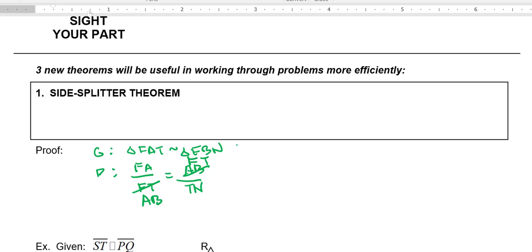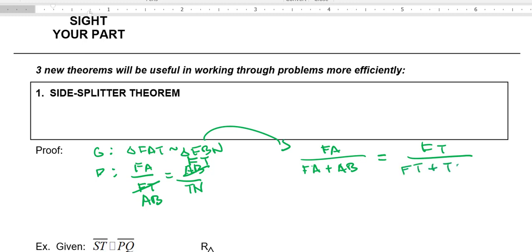So, what I want to show you is that, okay, we know that FA is to FA plus AB as FT is to FT plus TN. That's what we used to solve the problem the first time. And so if I cross multiply, I'm going to get FA times FT plus TN is equal to FT times FA plus AB. Distributive property.